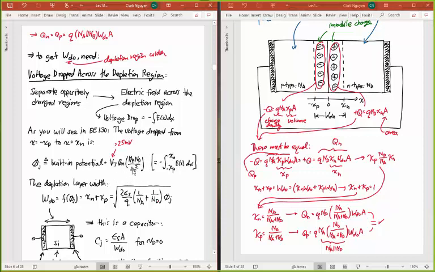And remember, n_i was that intrinsic concentration, from a previous lecture, 1.45 times 10 to the 10th per cubic centimeter. So you have to square that to get that denominator term.